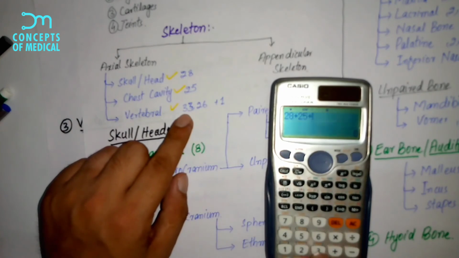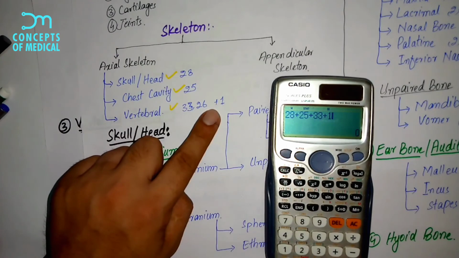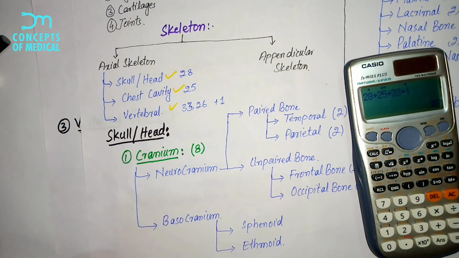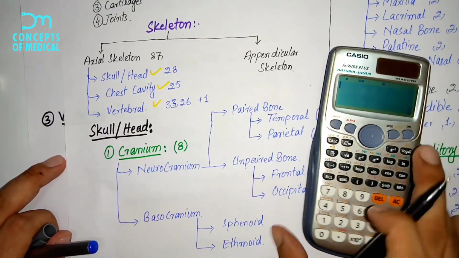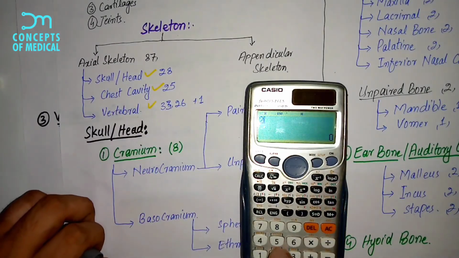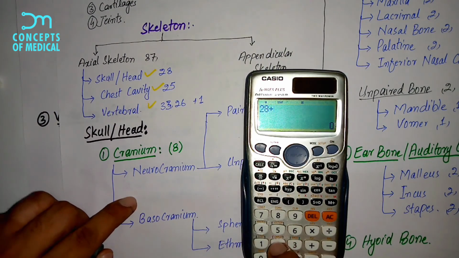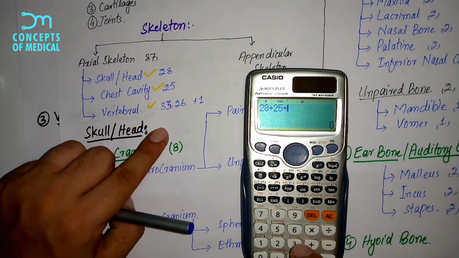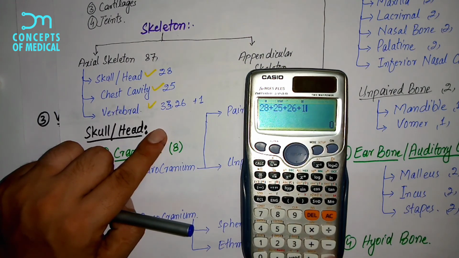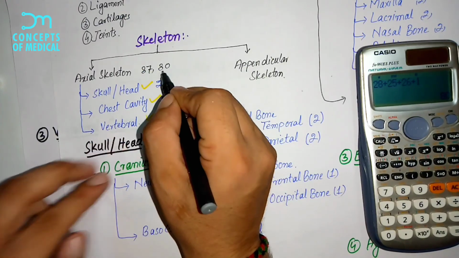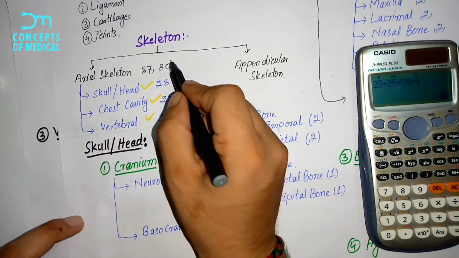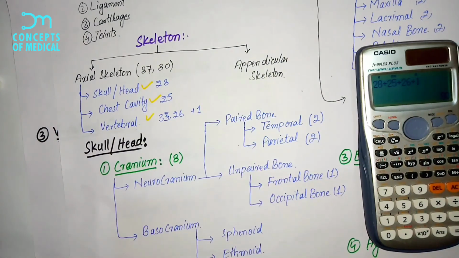And in the vertebral column we have 33, and one is the hyoid bone, so it becomes 87, right? But if we count the vertebral column as 26, then 28 plus 25 plus 26 plus 1 comes to 80, right? So the axial skeleton consists of 87 bones, or of 80 bones, right?